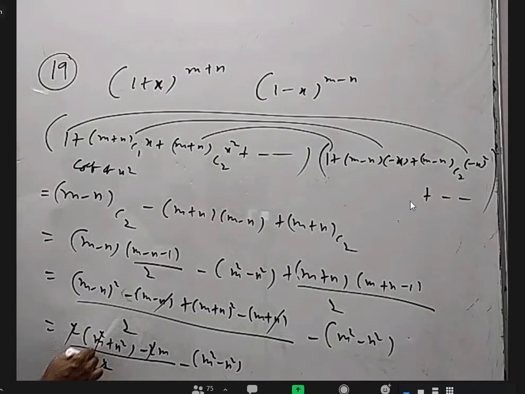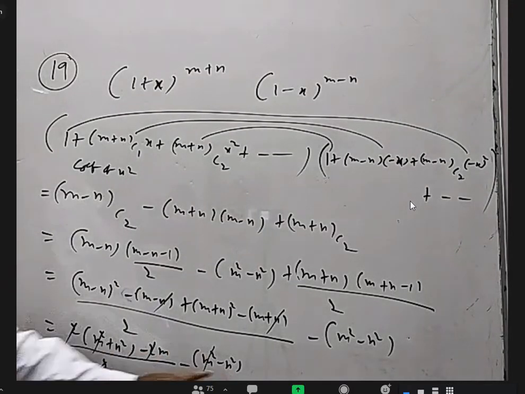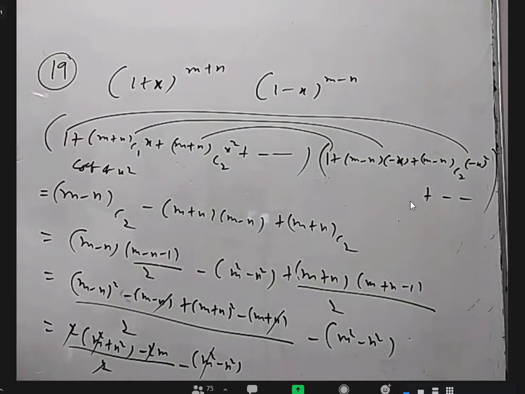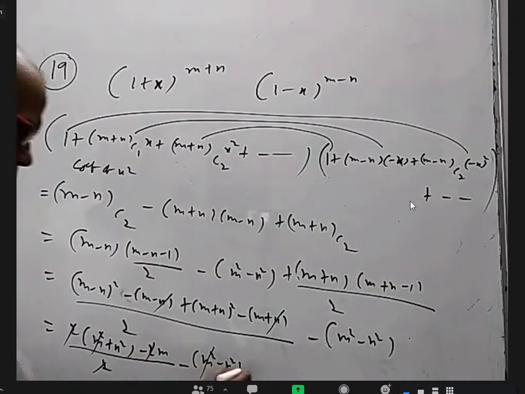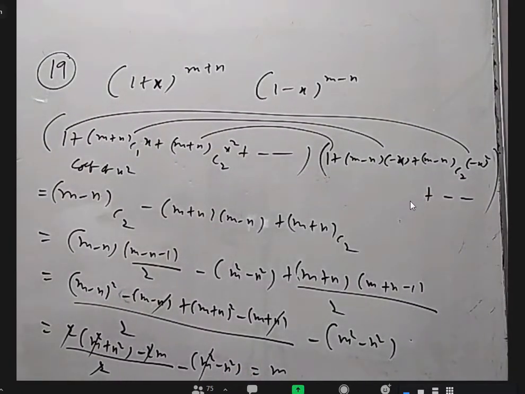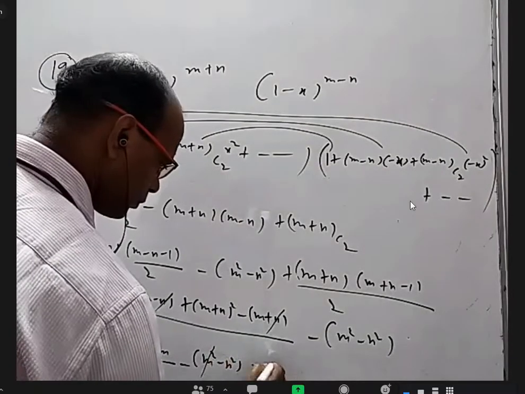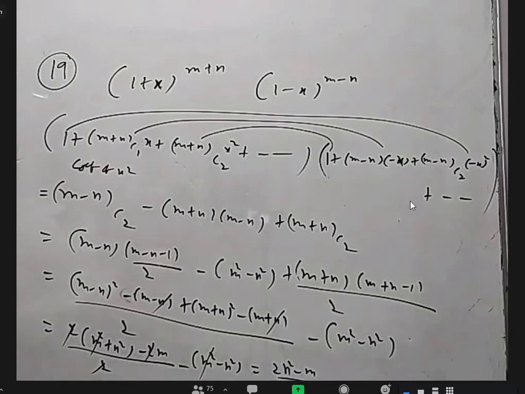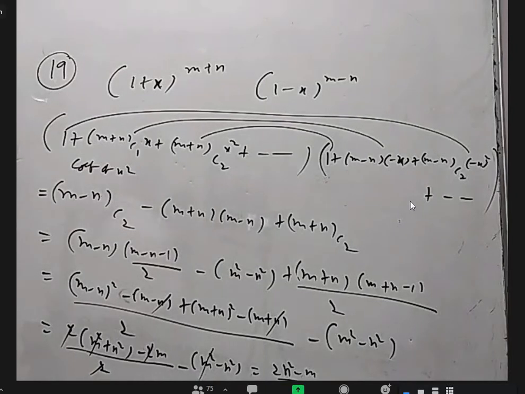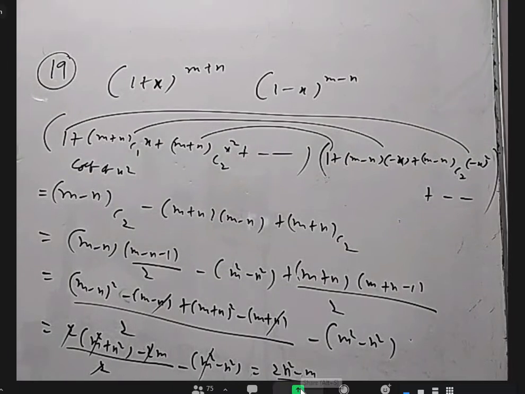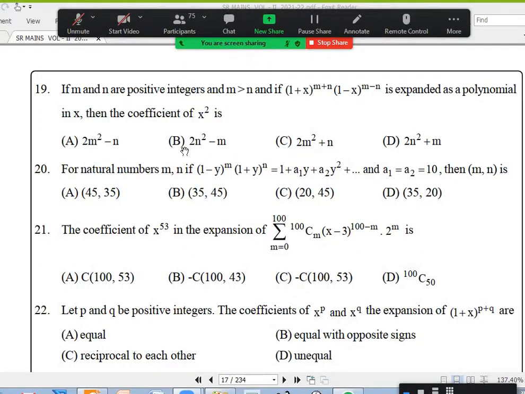Even m square will get cancelled. No, 2n square minus n. Is there an option? Yes, 2n square minus n is there.